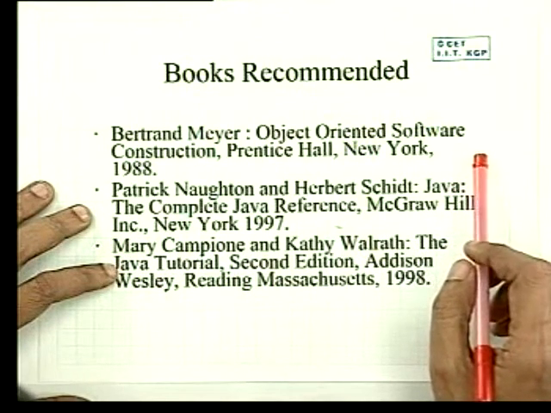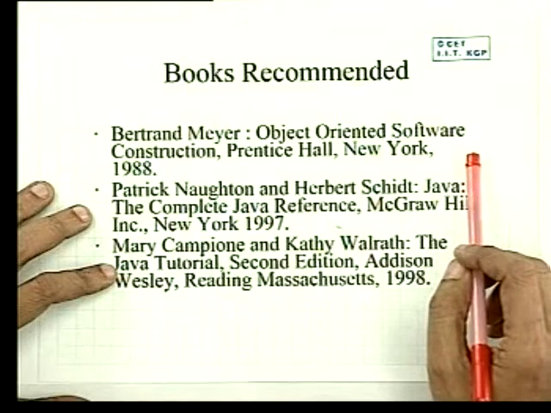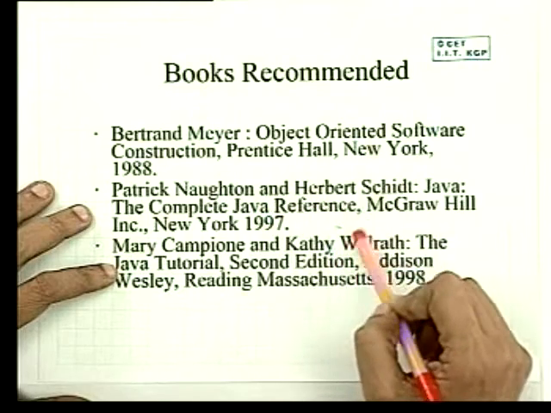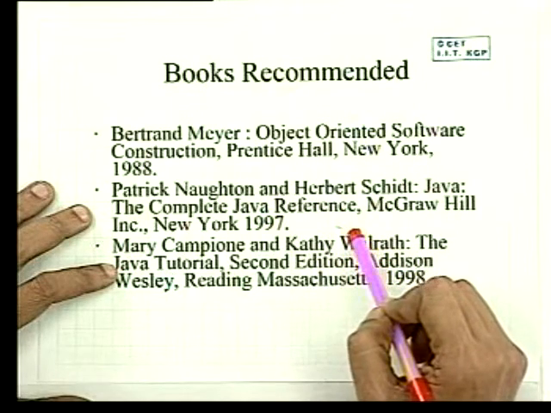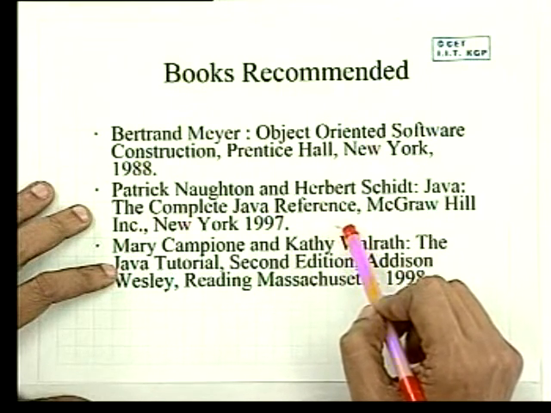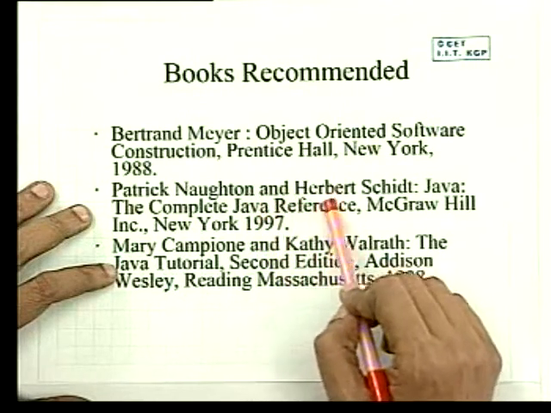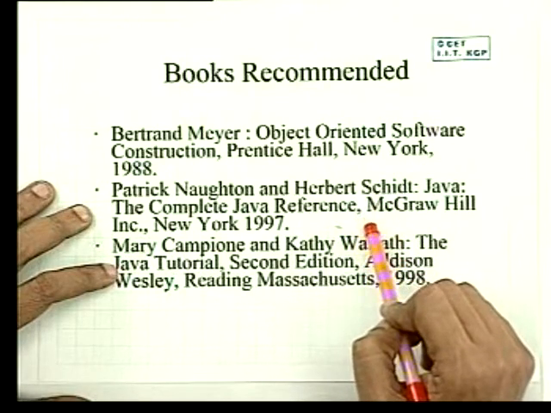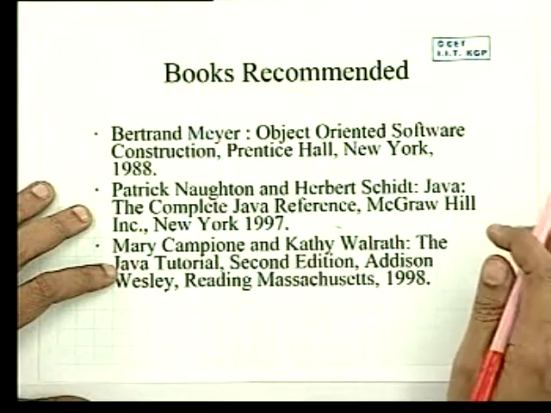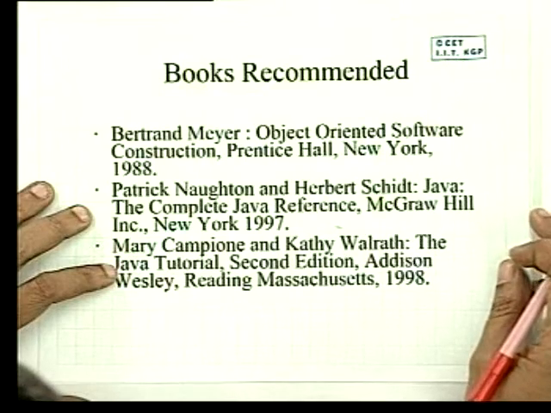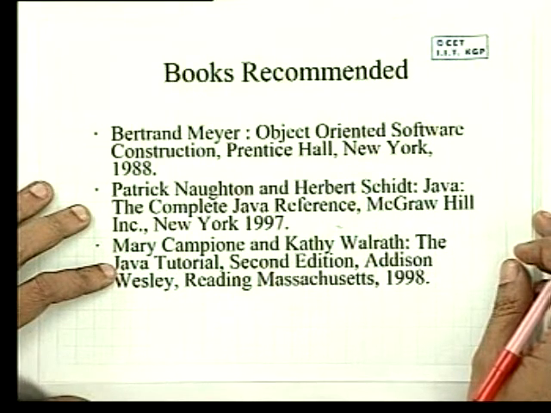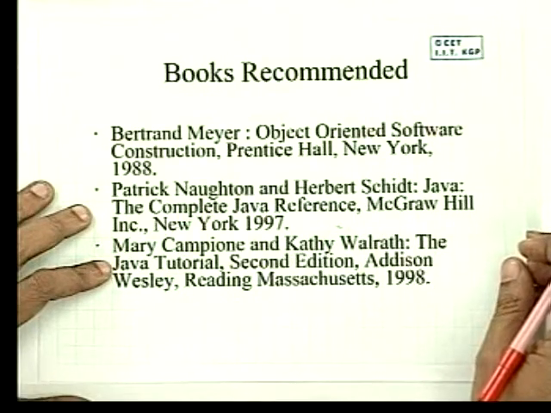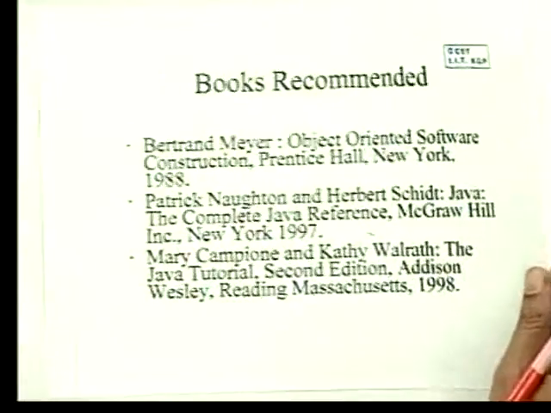Then on Java, although there are several books in the market, in my talk on the Java introduction we will mainly refer to three books. One is by Patrick Naughton and Herbert Schildt, Java: The Complete Reference, by McGraw-Hill, a 1997 publication. Then Mary Campione and Kathy Walrath, The Java Tutorial, an Addison-Wesley publication in 1998.